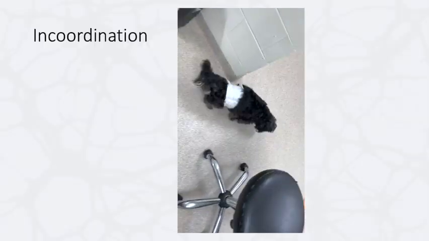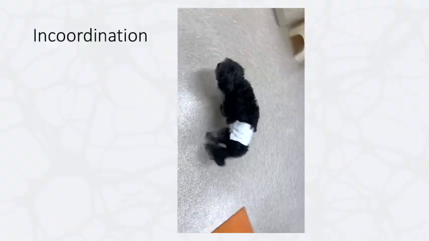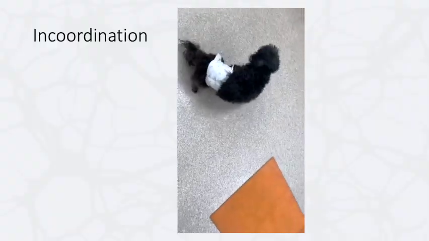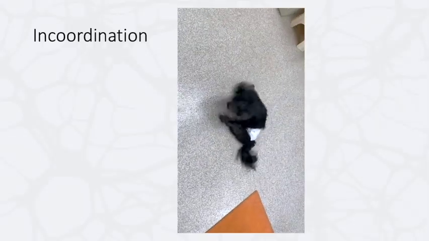And some patients just have more generalized incoordination. So when we talk about generalized ataxia, and it's hard for us to truly say what type of ataxia it is, it's often cerebellum that we're talking about with that.